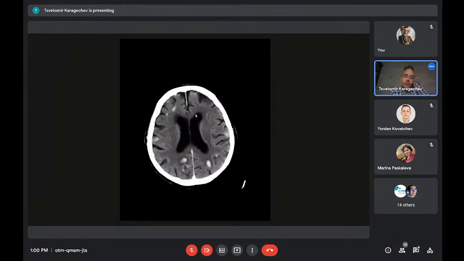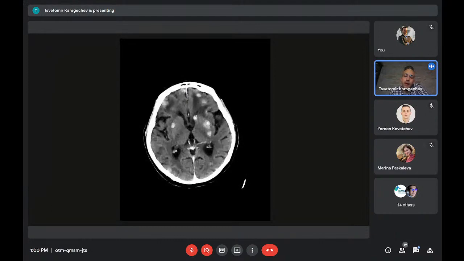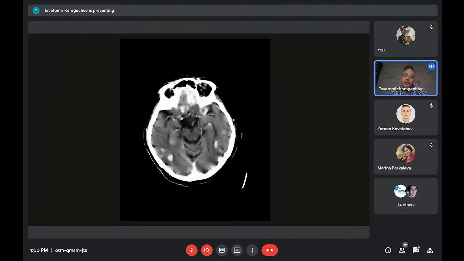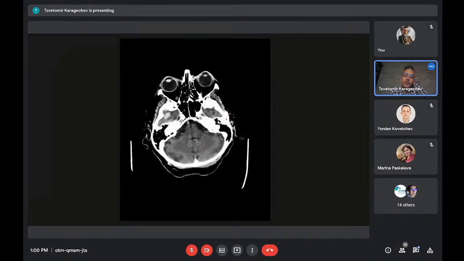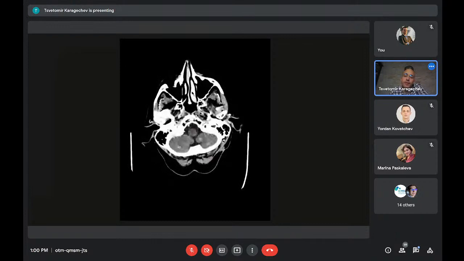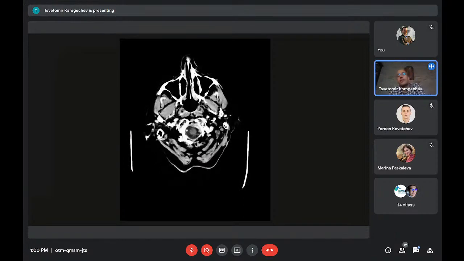So there were so many other metastatic lesions hiding inside the brain, and also infratentorial in the cerebellum. Again, a couple of lesions. So just an example, so that you can really take this home with you. There is an important difference. You have to know when to do something more, when to give contrast, and how to differentiate between the two.